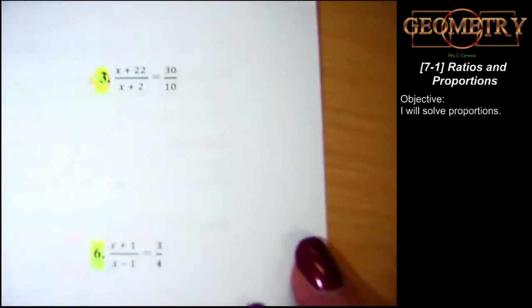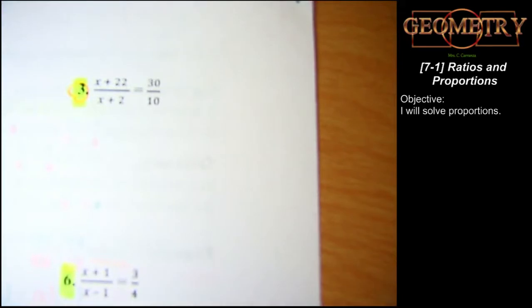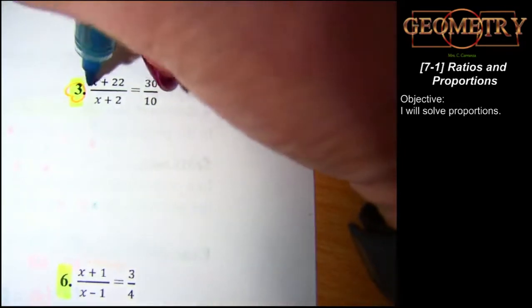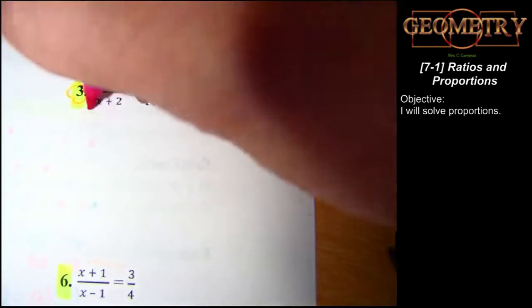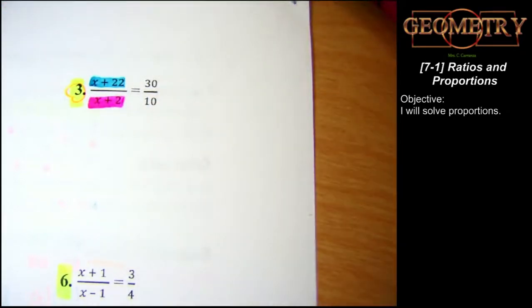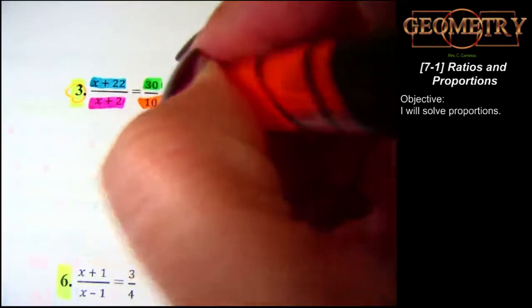So the cross multiplication thing that we've been working on doesn't say take part of the numerator. It says the entire numerator, right? So it's all of this as the numerator and all of this as the denominator, and all of this as the numerator and all of this as the denominator.